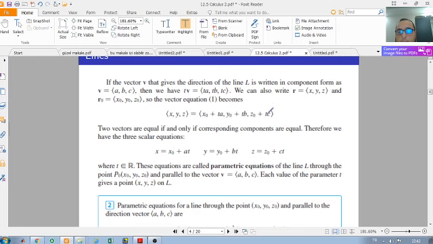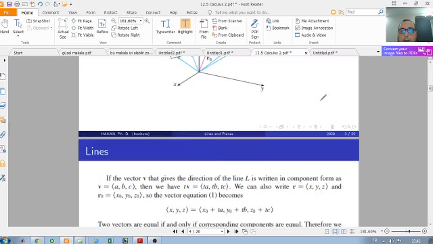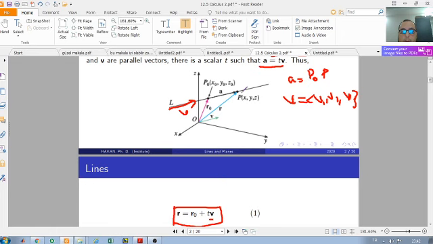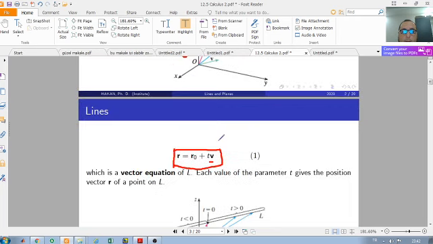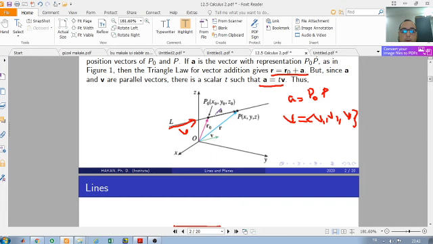We can also write the position vector of a general point on the line as x, y, and z, namely the point P, and its position vector is stated as x, y, z, and we know a point on the line in three-dimensional coordinate system, x0, y0, z0.